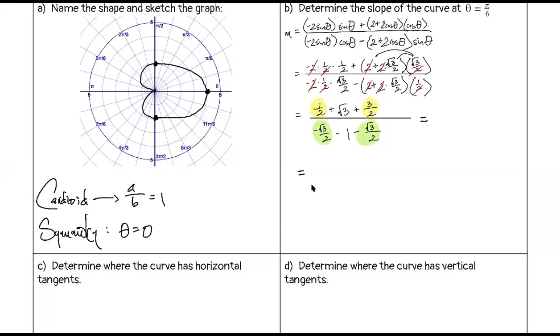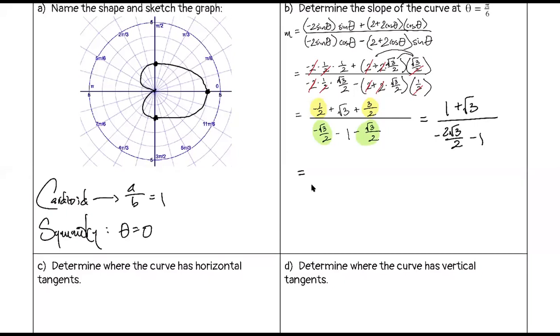That gets us negative 1/2 plus 3/2 is 1, plus √3 over, on the bottom, I end up with negative √3/2 minus √3/2 is negative √3, minus 1.